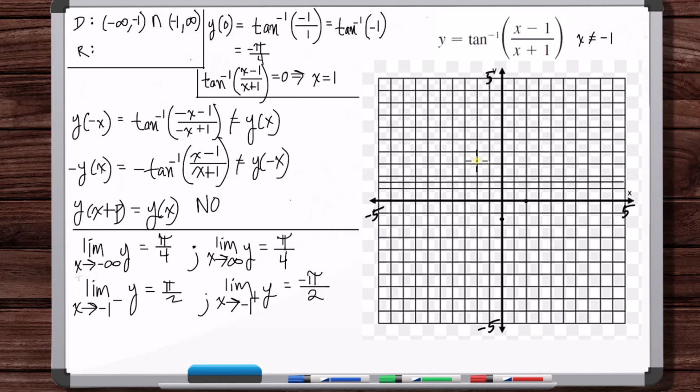We'll put an open circle there. Minus 1, minus 1.5, so about right there. Open circle. There we go. Okay. Now, we know the behavior of the function as it approaches minus 1 from the right and from the left.